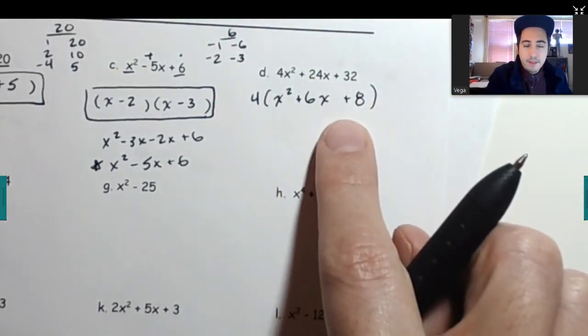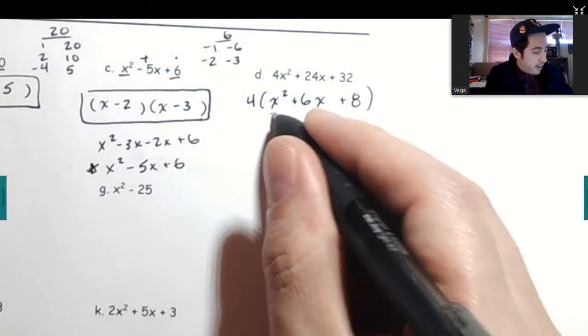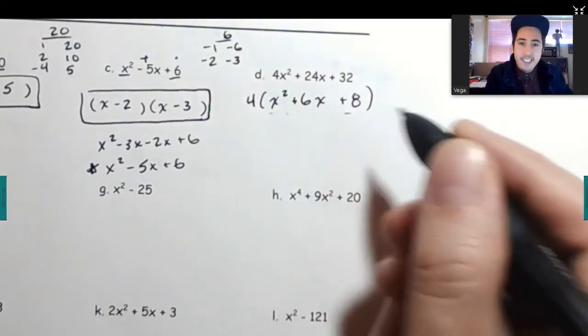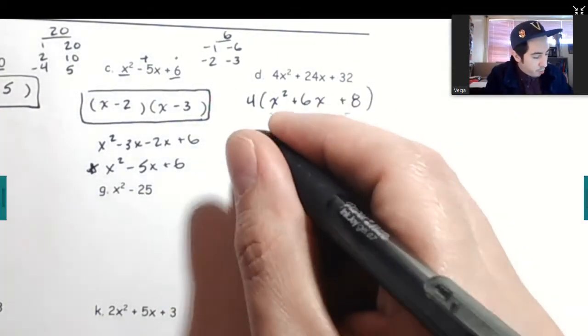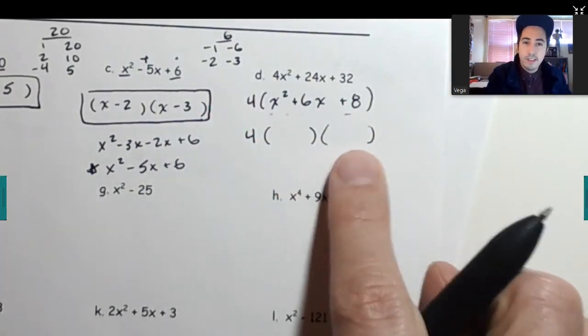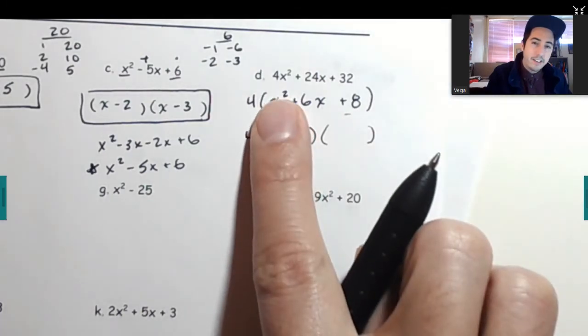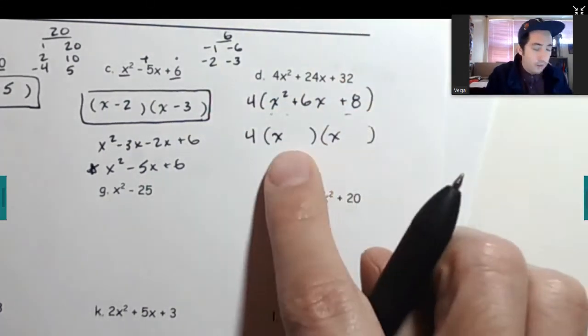Okay. Now the reason why we factor out the 4 is that what I have left in the parentheses is way easier to factor. The 4 stays there, but I want to end up with two binomials. How do I get x squared? Well, that's just x and x.